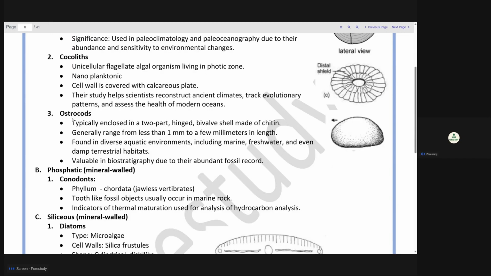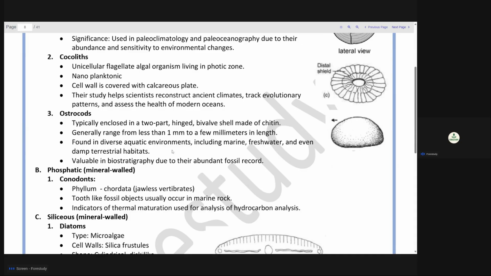Then there are the ostracods. Ostracods are typically enclosed in a two-part hinged or bivalve shell made of chitin, so remember, ostracods are chitinous. They generally range from less than 1 millimeter to a few millimeters in length.